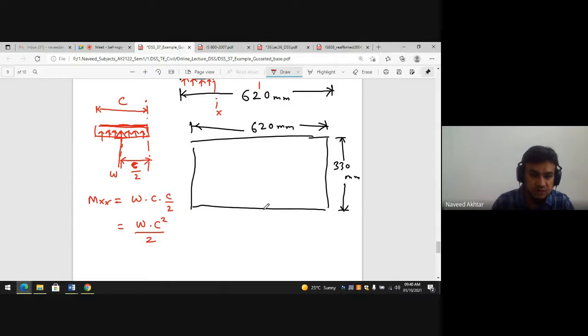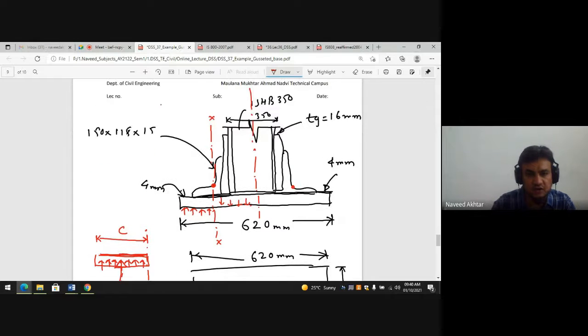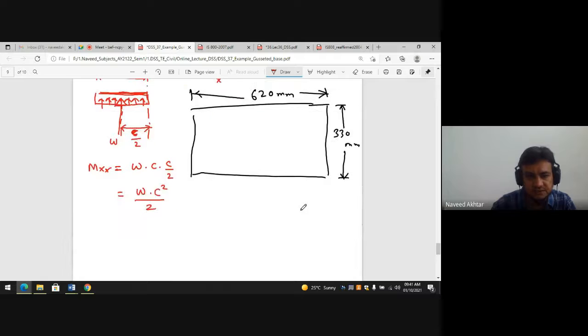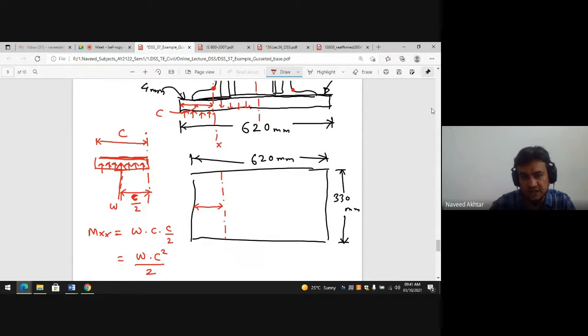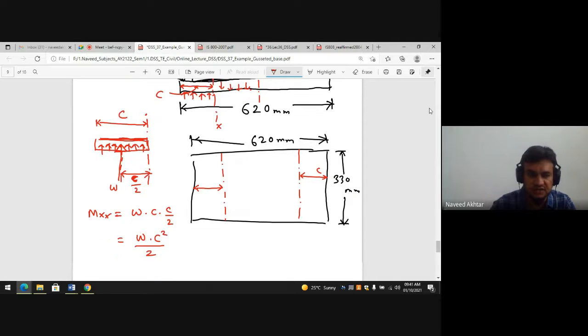So we can find out W and C. You have to find out the value of C first. How can we find out C? This distance is C. Here also at the critical section on both sides, this is C; any one side you can consider.